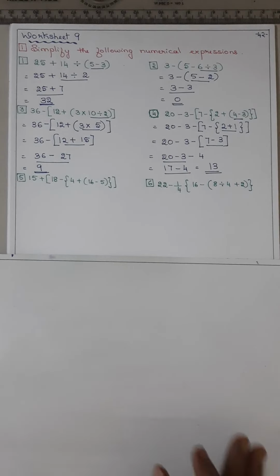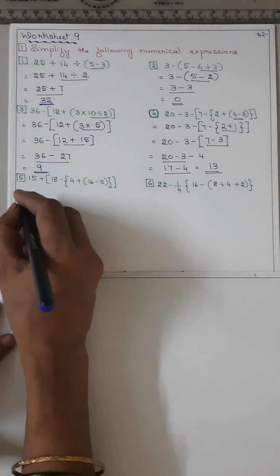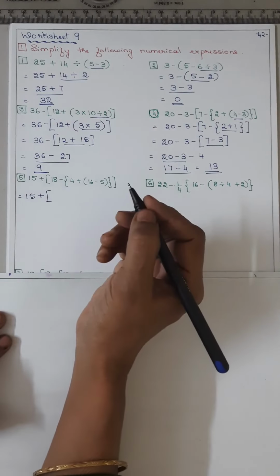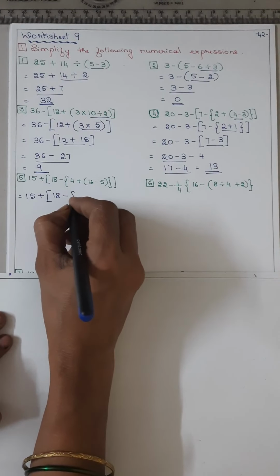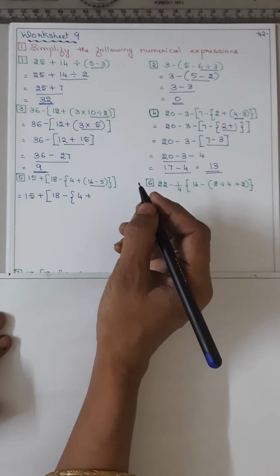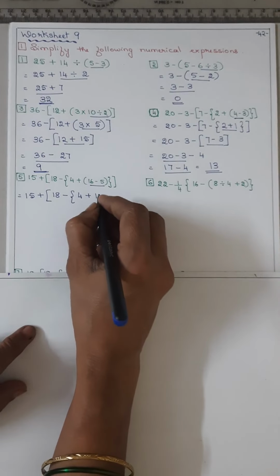Okay. Now coming to the fifth sum, it is 15 plus square bracket 18 minus curly bracket 4 plus underline 16 minus 5, it is 11.